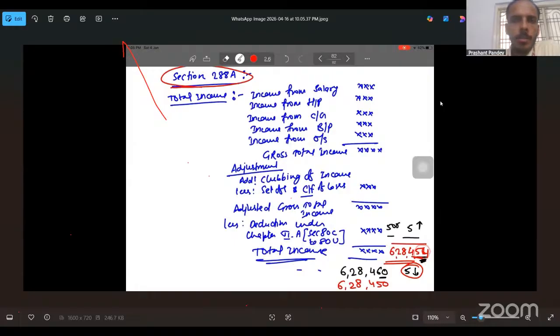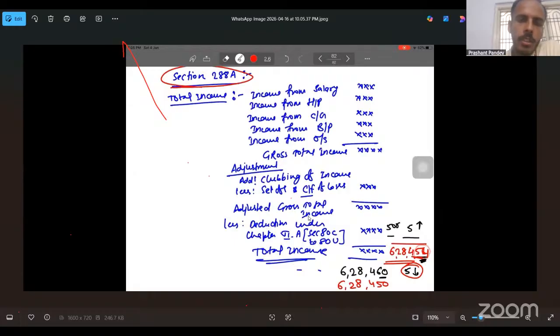Okay. So see, once you do the adjustments, you get the adjusted gross total income. From the adjusted gross total income, we reduce the deductions. We claim the deductions.